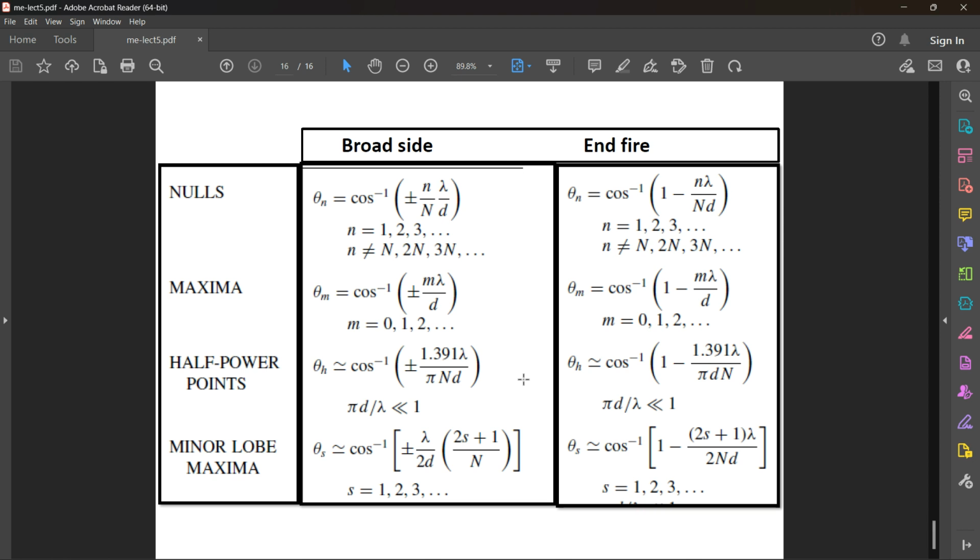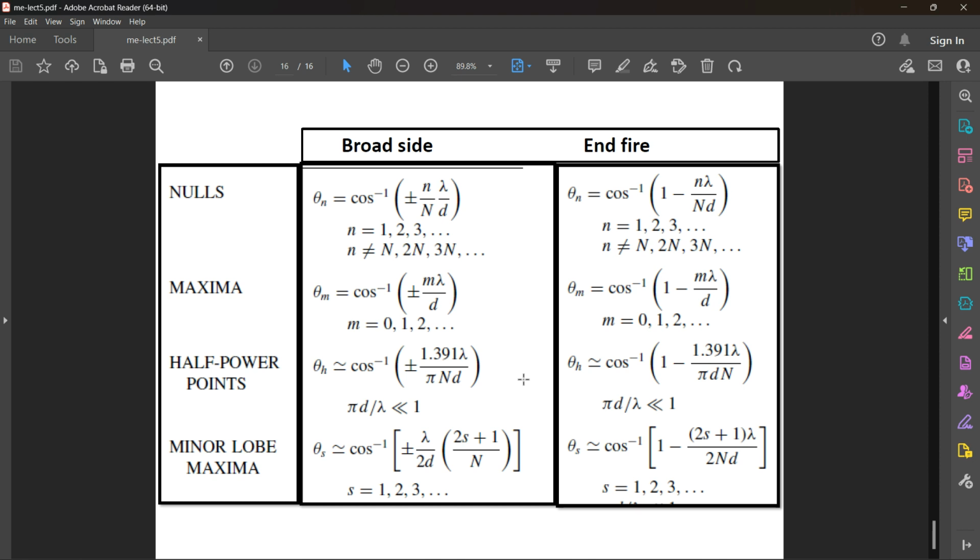Half power points occur at theta h equal to cos inverse of plus or minus 1.391 lambda by pi nd, where in endfire it is cos inverse of 1 minus 1.391 lambda by pi nd. Minor lobe maxima occurs at cos inverse of plus or minus lambda by 2d, 2s plus 1 by n, and for endfire it is cos inverse of 1 minus 2s plus 1 into lambda divided by 2nd.